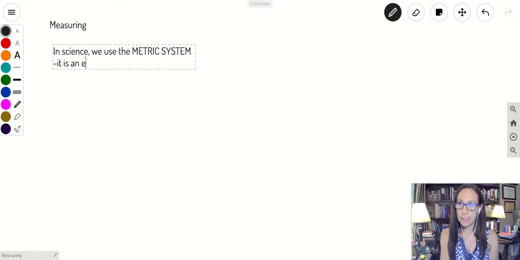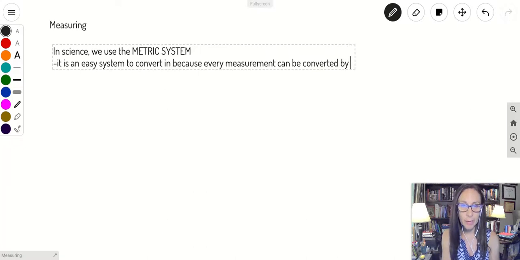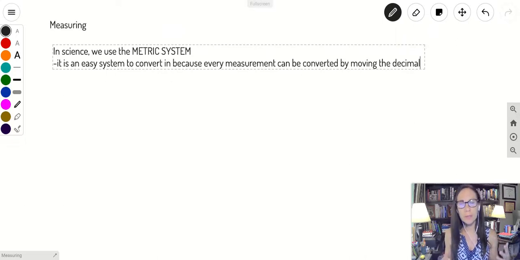It is an easy system to convert in because every measurement can be converted by moving the decimal. So you can convert units very easily in the metric system.